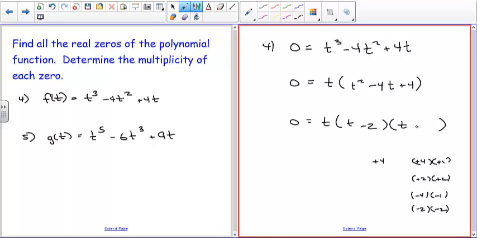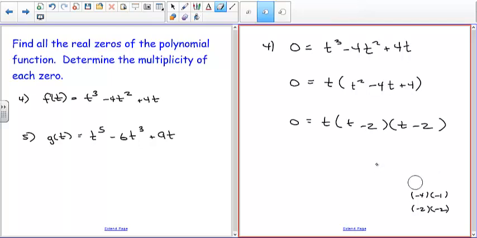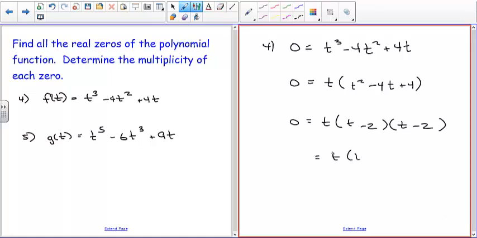If I multiply this out, I get t squared, negative 2t, negative 2t, added together give me negative 4t. Negative 2 times negative 2 is positive 4. So that's factored.